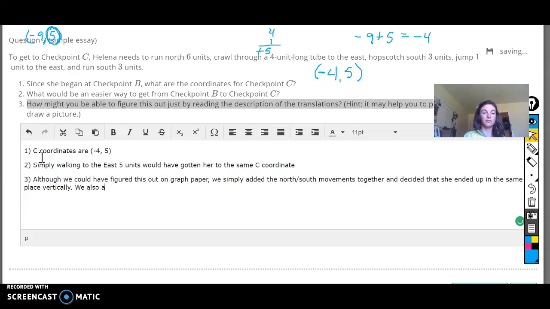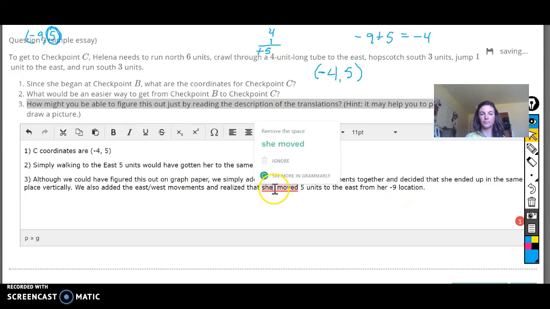We also added the east-west movements and realized that she moved 5 units to the east from her -9 location.